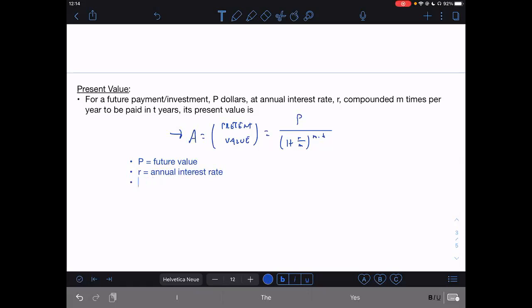M is the number of periods per year, how many times we compound the value. So pretty much everything stays the same except P here is representing the future value. And once again, T is a measurement of years. T still has to be in terms of years.